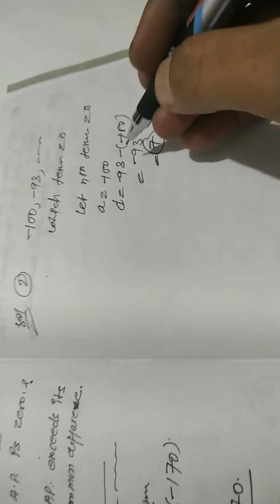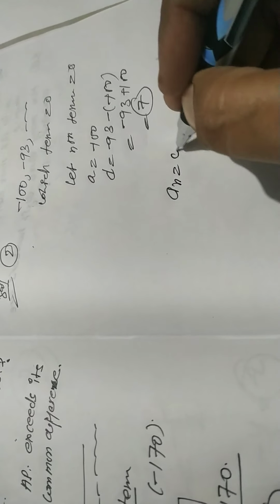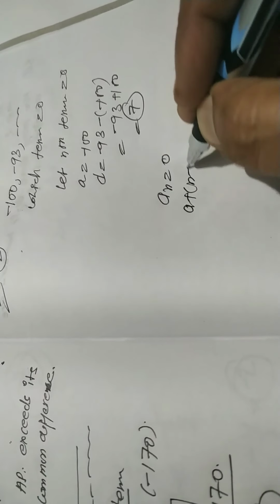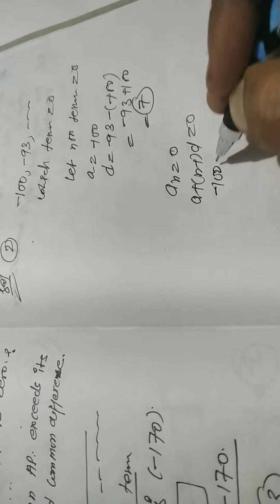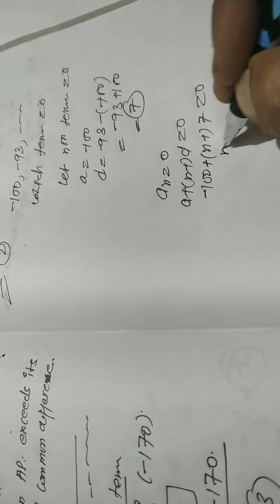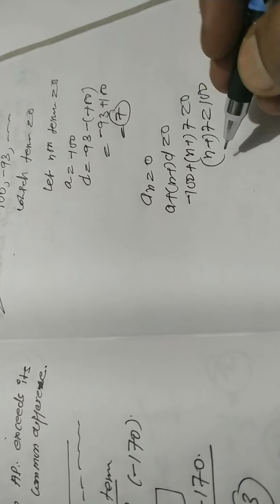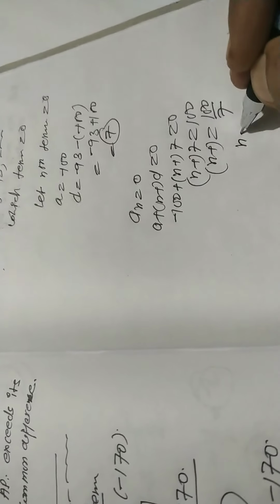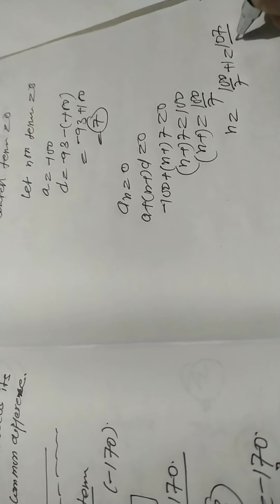Now a plus n minus 1 into d is equal to 0, so minus 100 plus n minus 1 into 7 is equal to 0. N minus 1 into 7 is equal to 100. N minus 1 is equal to 100 upon 7. N is equal to 100 upon 7 plus 1, which is 107 upon 7.